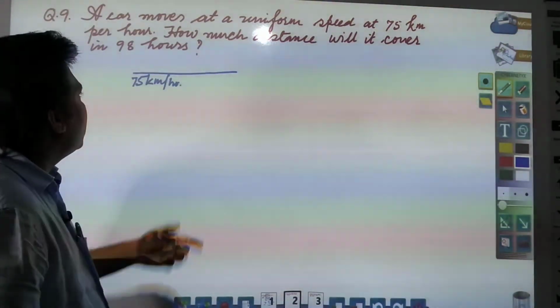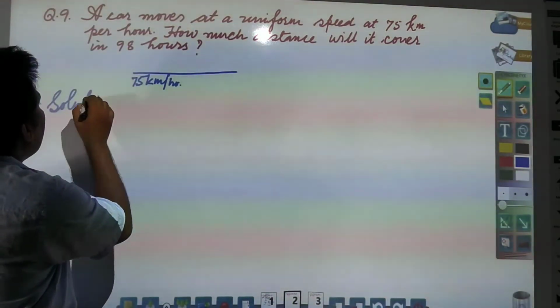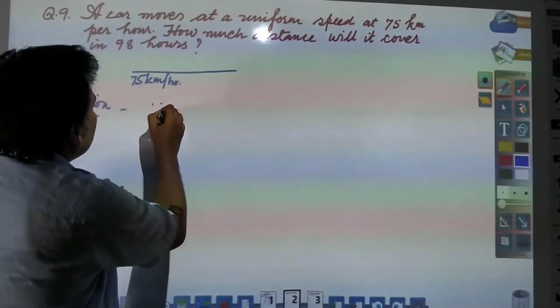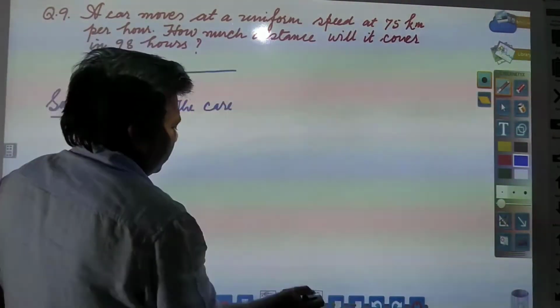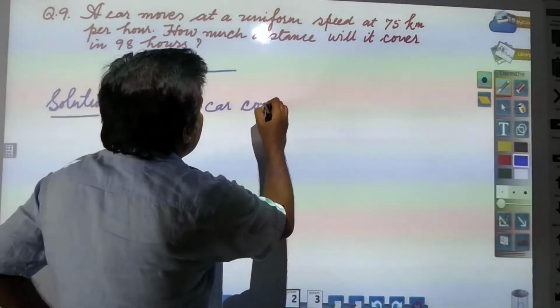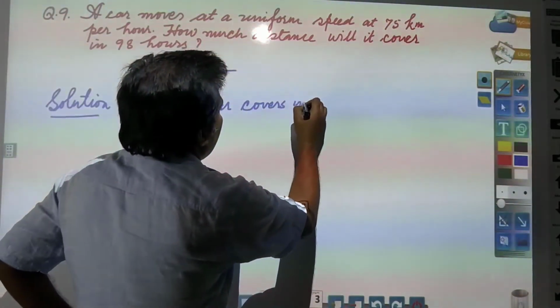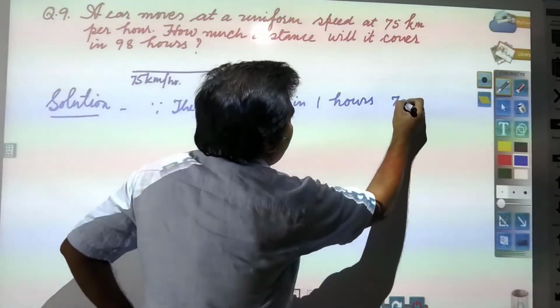So the unitary method can be applied. We will write it this way: the car covers in 1 hour 75 kilometers.